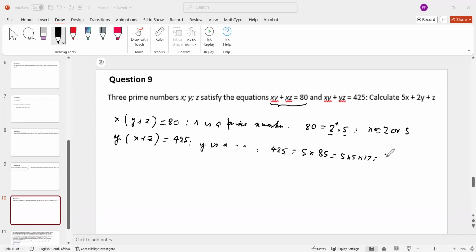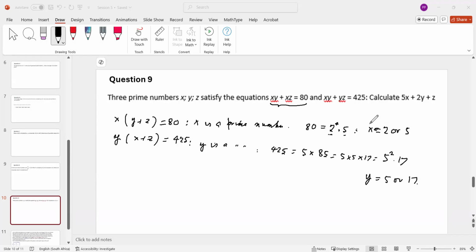So this is 5 squared times 17. So that tells you that y is a prime factor of 425, and 425 has only two prime factors, 5 or 17.